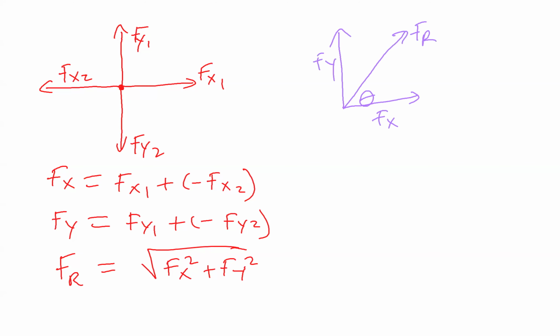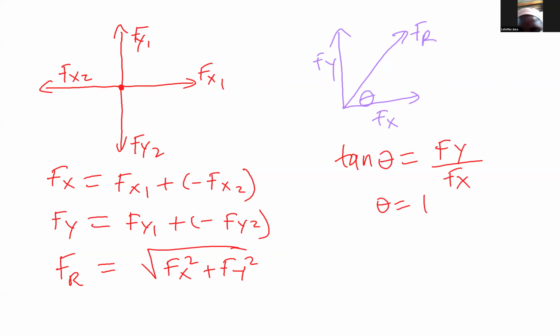Okay, so we apply it to get our FR. Our FR is the hypotenuse, so FR squared is equal to Fy squared plus Fx squared. So you take the square root, and you end up with this. Now for our theta, we use tan of theta is opposite, which is Fy, over adjacent, which is Fx. Therefore, theta is tan inverse of Fy over Fx.